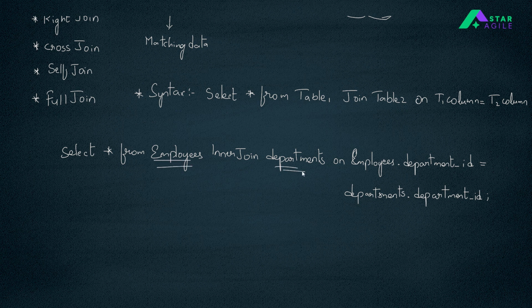So previously, if you remember, we used to give alias names for the derived columns, right? Whatever the columns you are printing over there, we used to give alias names. The same way here for the tables also we can give the alias names.